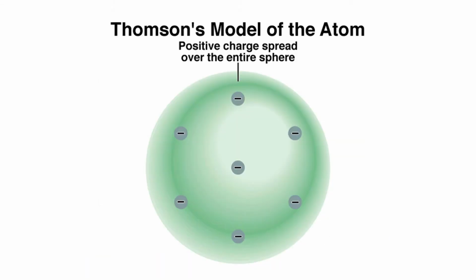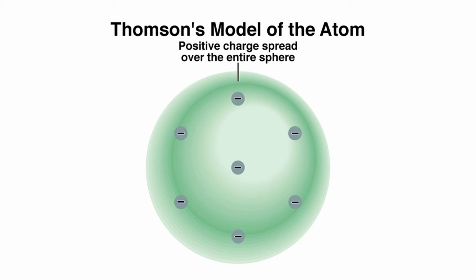So Thomson added to our understanding of the structure of the atom based on his cathode ray tube experiment, but he amended the model somewhat. So it was accepted that atoms contained negatively charged particles called electrons, but the atoms themselves were electrically neutral.